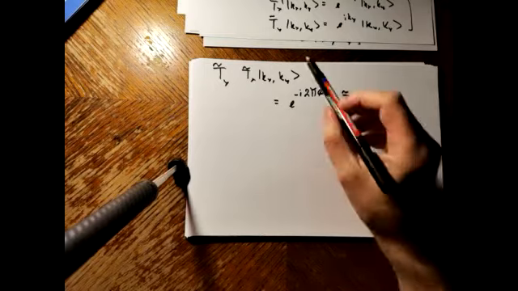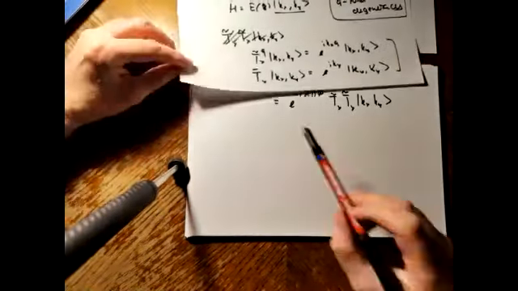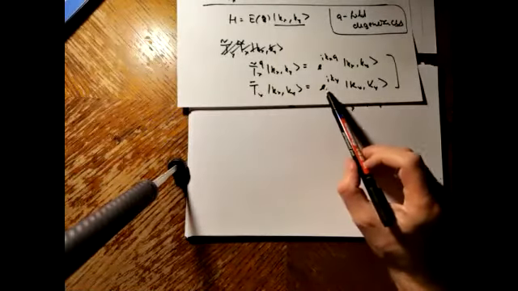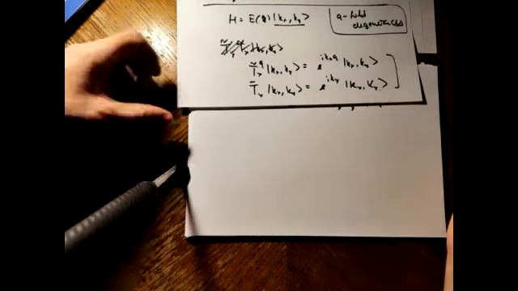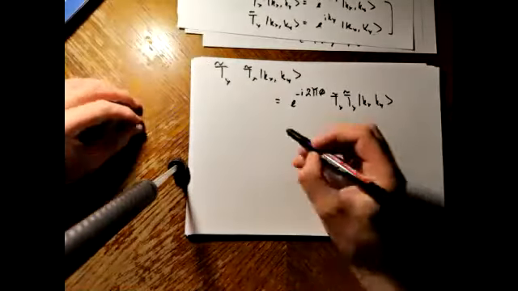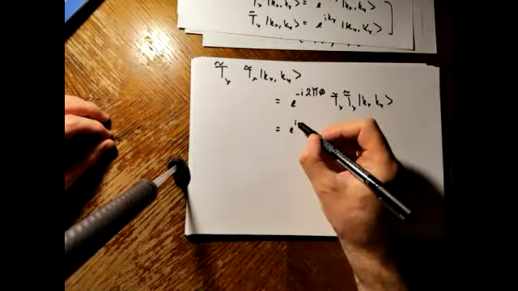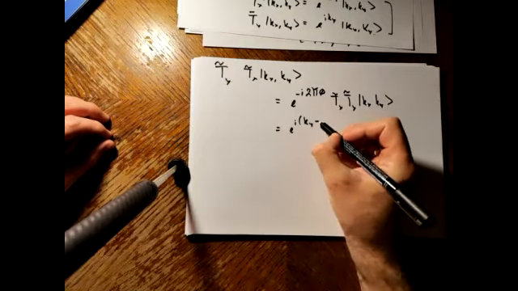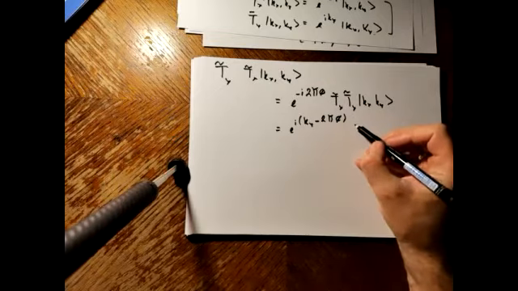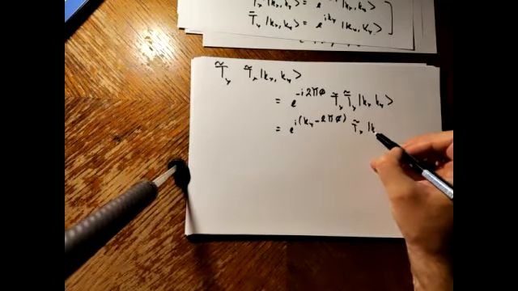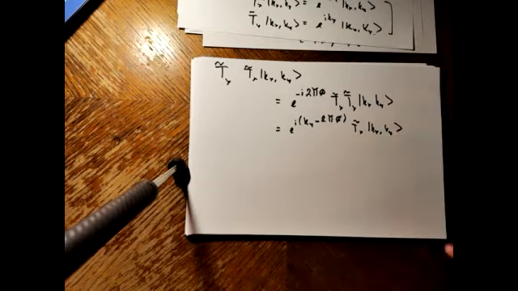But I know what t̃y does to |kx, ky⟩: it just gives me an e^{i ky}. So I'm going to have e^{i(ky - 2πφ)} t̃x |kx, ky⟩.